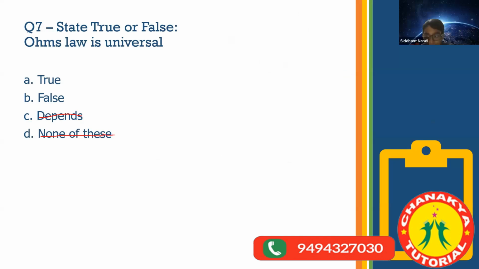Universal means common. If I tell you the meaning of universal, then you can guess the answer. A hint: it can be used in any form, in any equation, kind of like that.